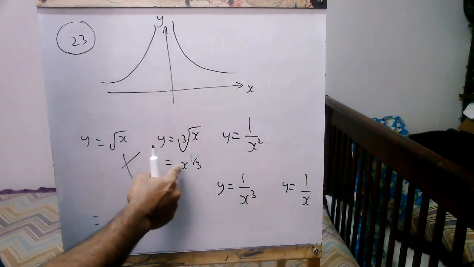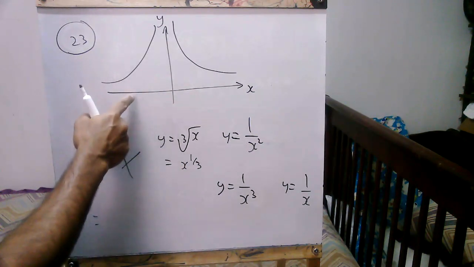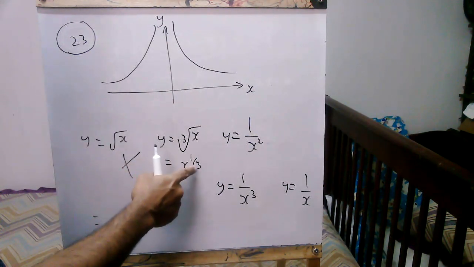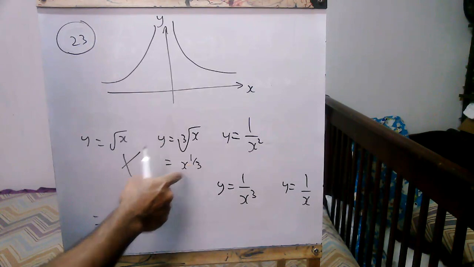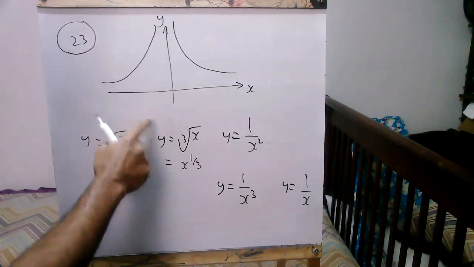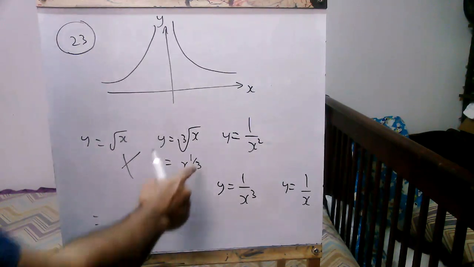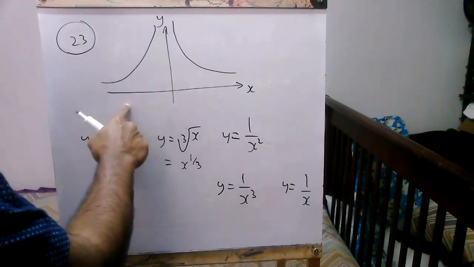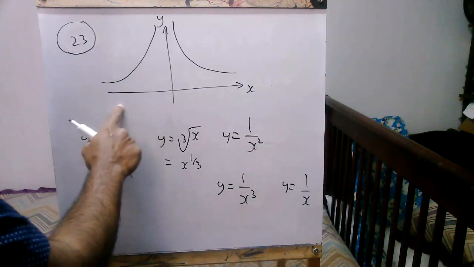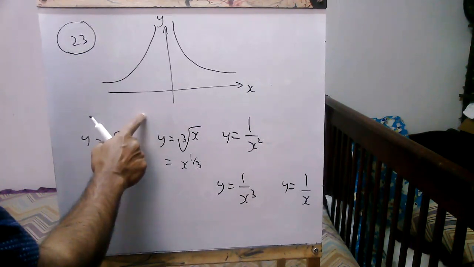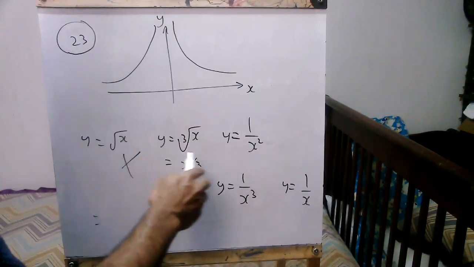But when x is -8, -8 to the power 1/3 is -2. It's on the negative side. Means if you see an odd power here, it gives you a negative number. Therefore, that answer should be in this quadrant. Therefore, this is out.